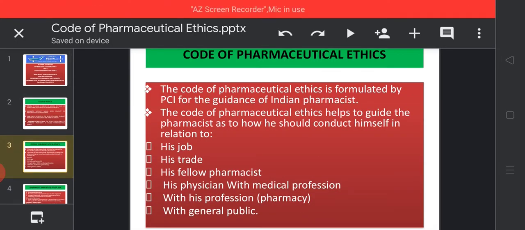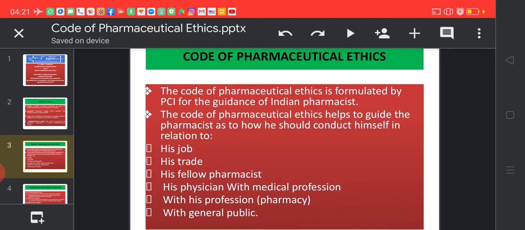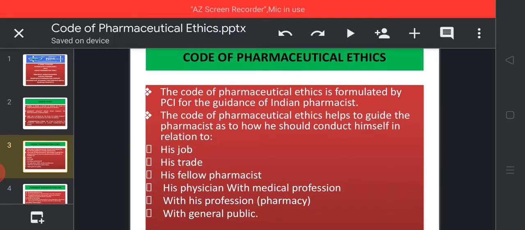Here we are to categorize code of pharmaceutical ethics. First of all, code of pharmaceutical ethics is formulated by Pharmacy Council of India (PCI) to guide each and every Indian pharmacist.